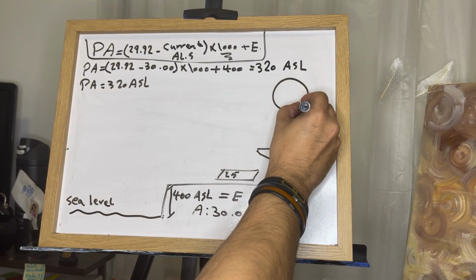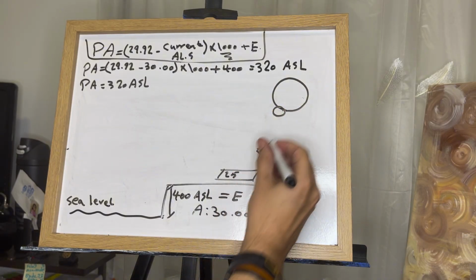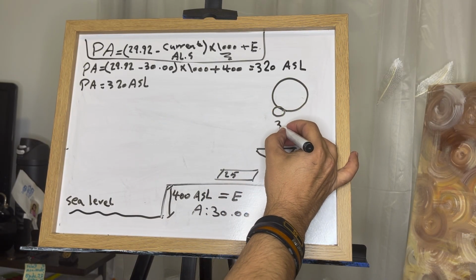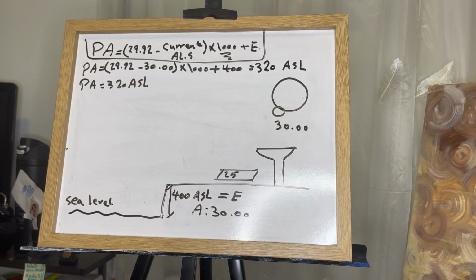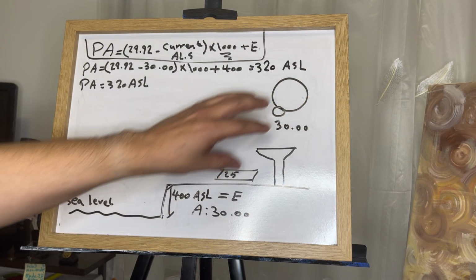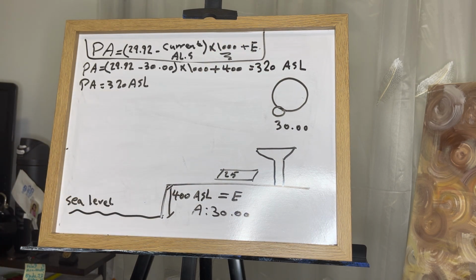How about the altimeter? When I rotate the knob on the ground to 30.00, as you remember, when you set the altimeter to local pressure, you should read height above sea level, right?